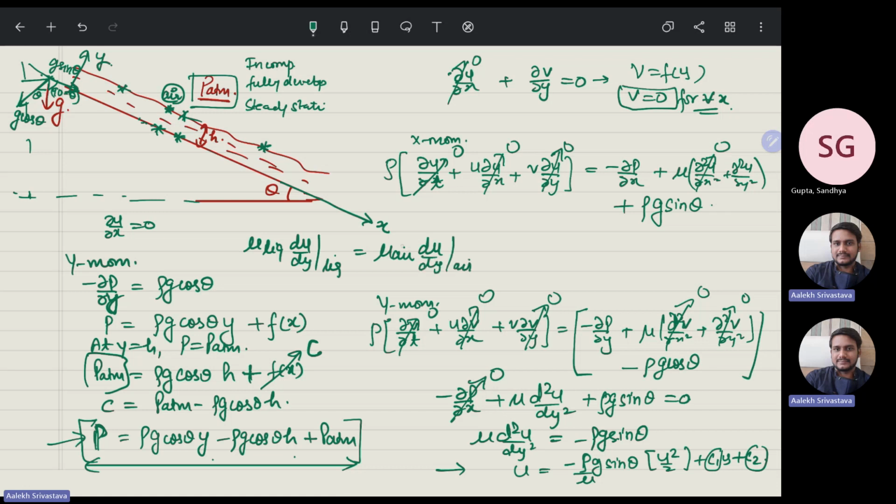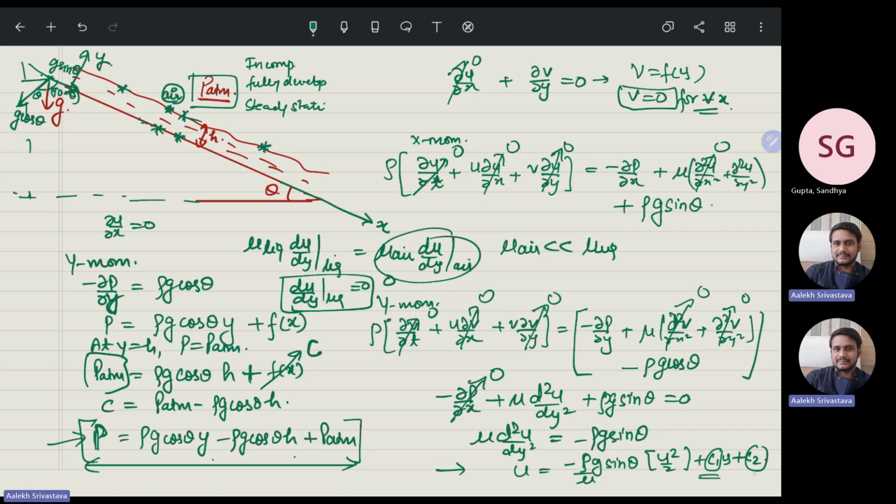So if I say that mu of air is much less than mu of liquid, we can simply drop this term, and that is equal to 0, or du by dy of liquid is equal to 0. This is the second boundary condition, and we can solve the velocity profile.